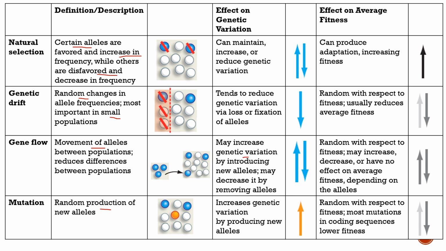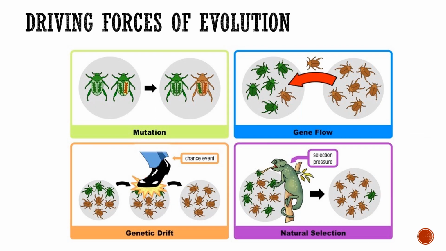So the key to all of this is that it is random events that lead to these changes in our allele frequencies. Just summarizing those driving forces, mutations are what generate new alleles in our population. Gene flow can increase variation by moving those alleles to new populations.